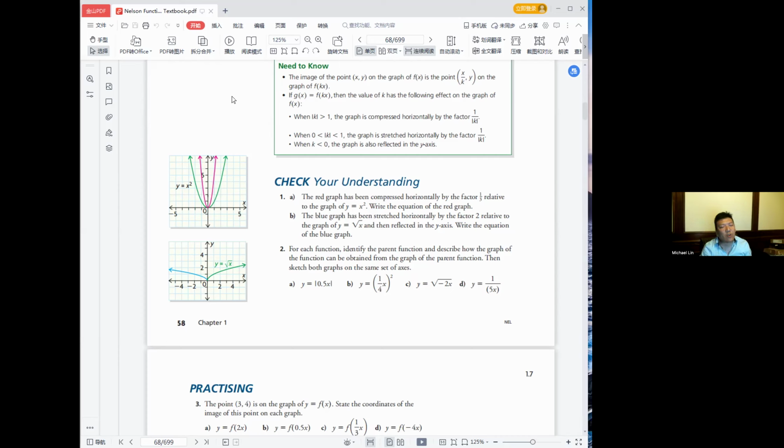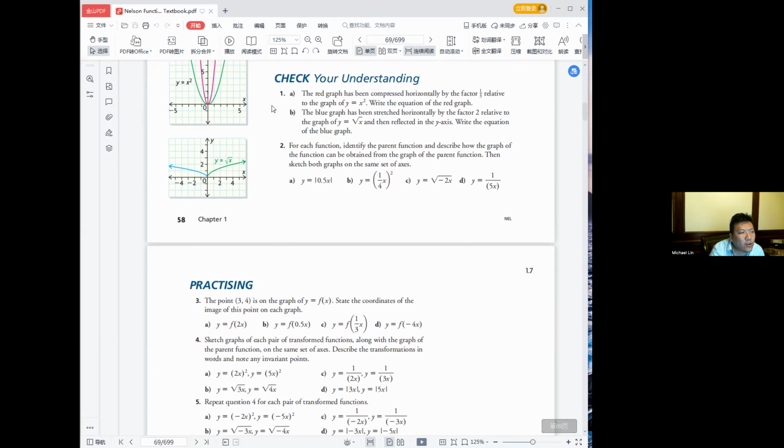Same thing if you have a vertical stretch by a factor of 2. It simply means multiply all the y coordinates by 2. So you double all the y coordinates. That's why your resultant graph looks very stretched out vertically. Okay. So this is the basic idea behind the transformations.